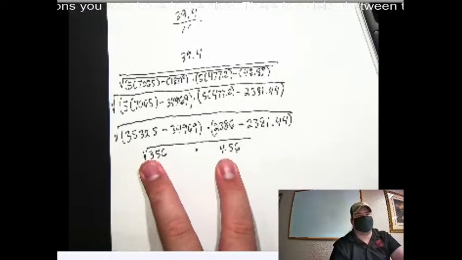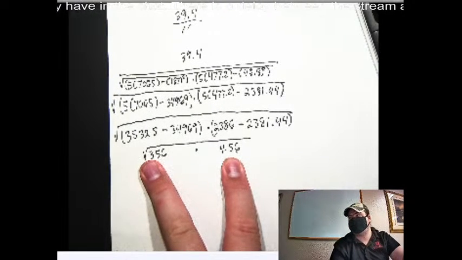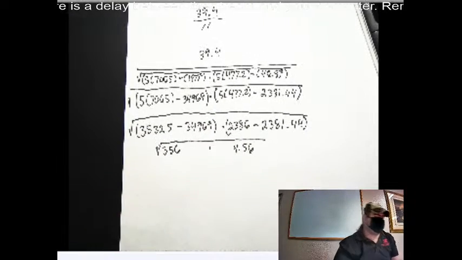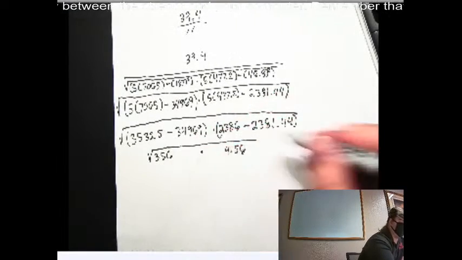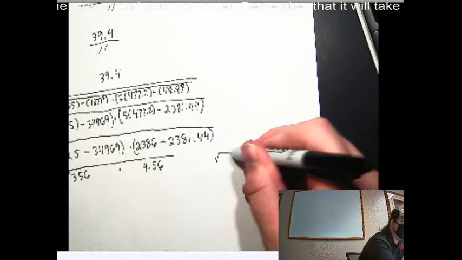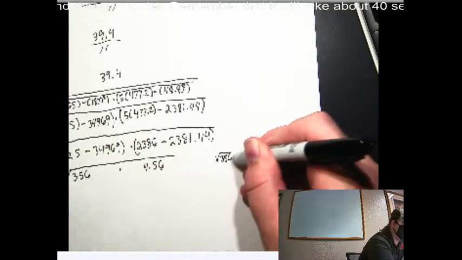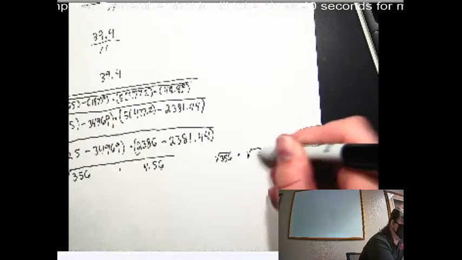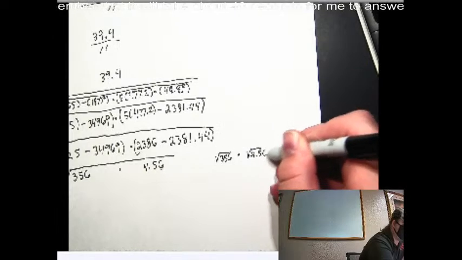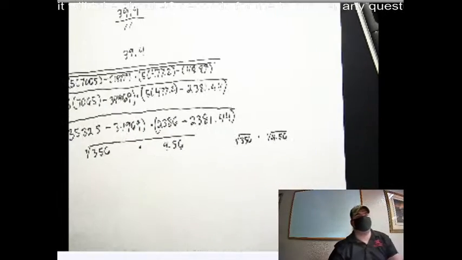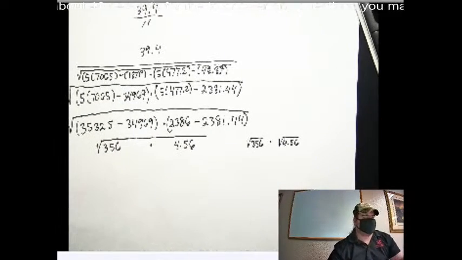And so we need to multiply these. Now, Hawks, at this point, you would have separate square roots. This would look like square root of 356 times square root of 4.56. That's what they want you to do. I want you to know this right now.